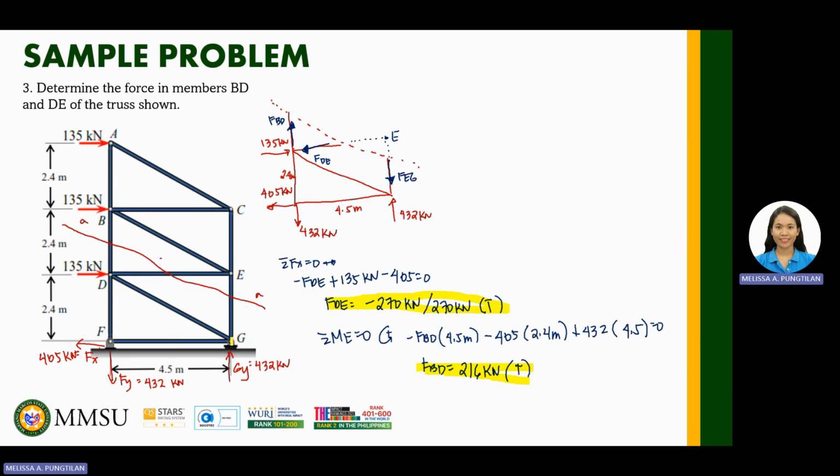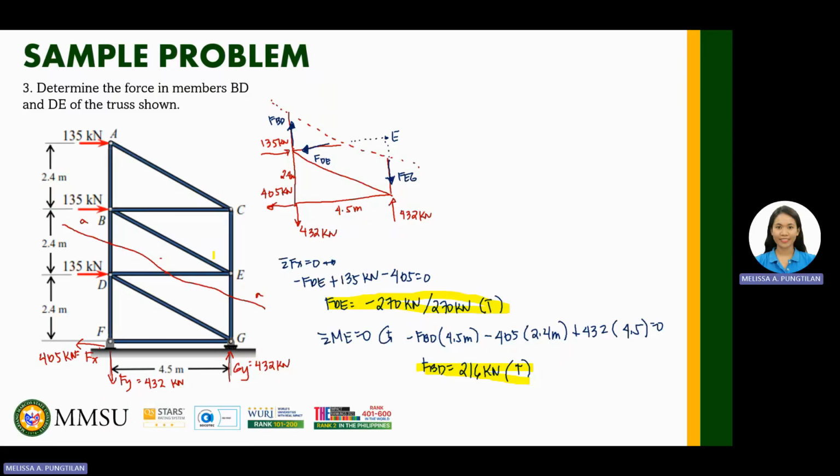So, paulit-ulit lang. Unlike dito sa method of section, may utilize natin yung summation of moment. But make sure also na tama yung inyong cutting line dito, para hindi kayo mahirapan mag-imagine kung ano yung iti-take yung moment. Okay, practice lang yung kailangan natin dito.